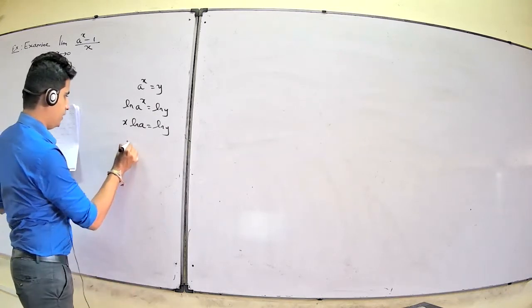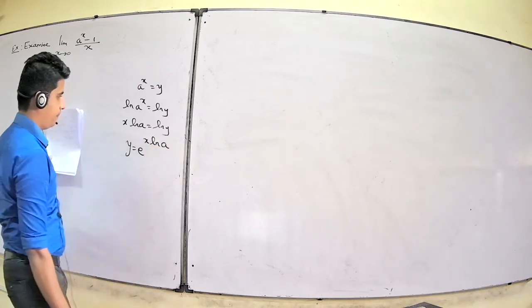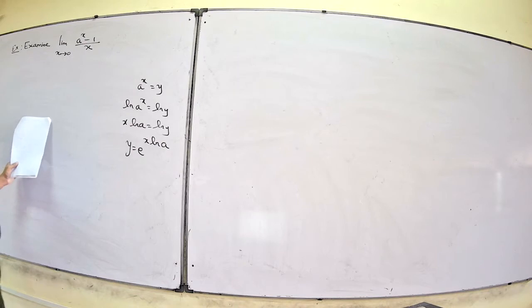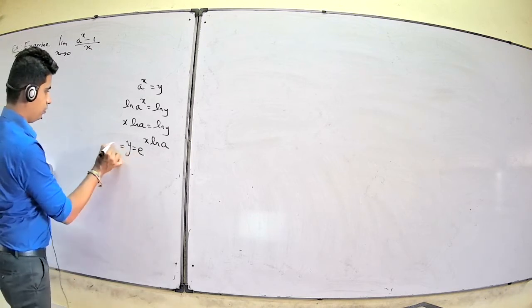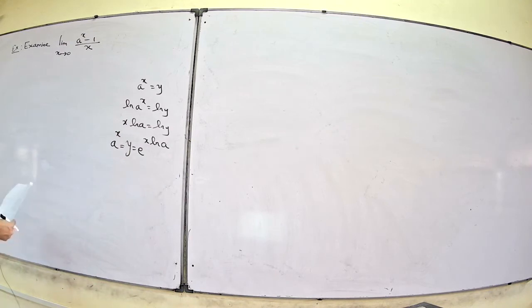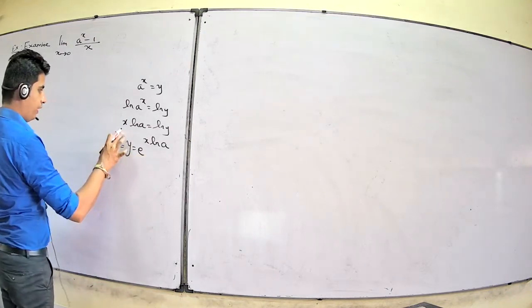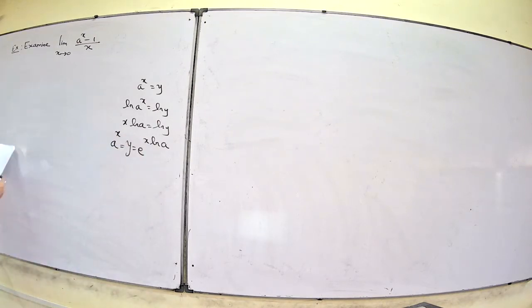Therefore, your y is e power x ln a. Right? You put a^x equal to y. This factor is very important. Then we use this factor, e power x ln a, and you can easily simplify.